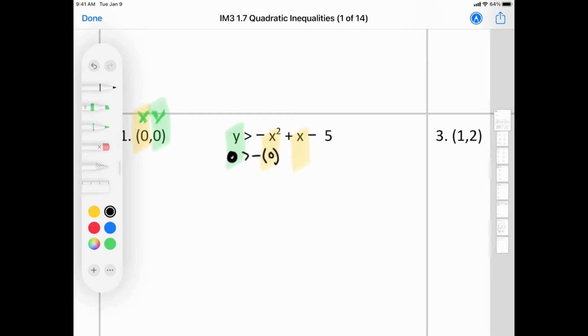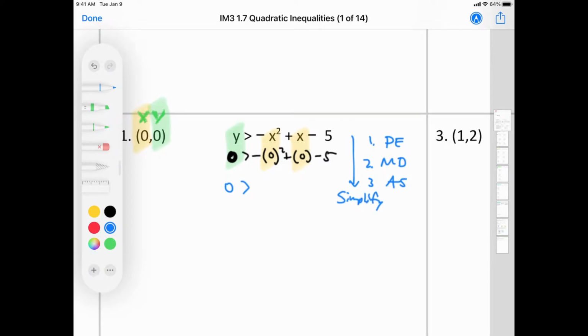X is 0. And we just go ahead and simplify. Remember, you're using PEMDAS. And you go in this direction to simplify. And that's what we're doing.